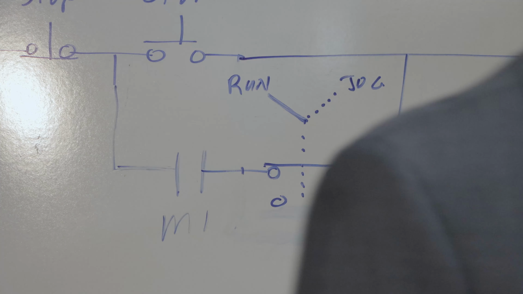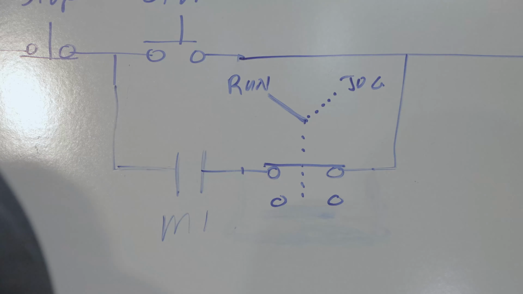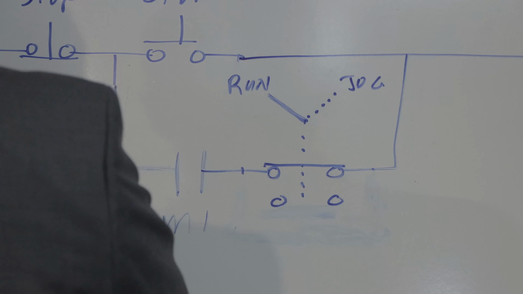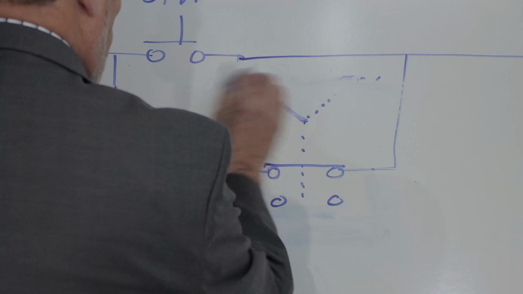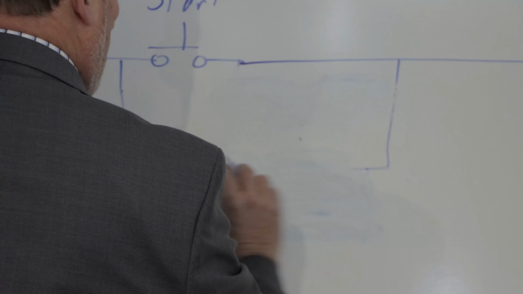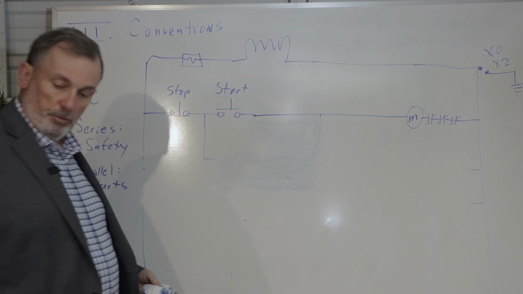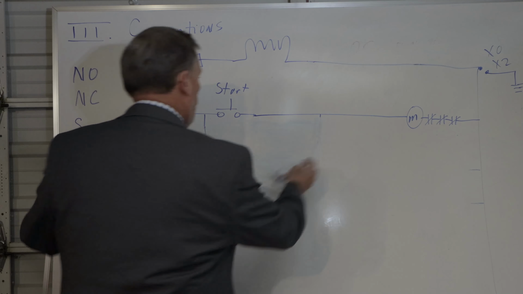Let me think of another one. Sometimes we'll have one motor that has to be running before another motor can start. This will be another convention. We don't need a run jog in this demonstration. What we need are two motors. If you want to use your imagination and think about where this application might happen, you might have a piece of equipment that needs oiling.